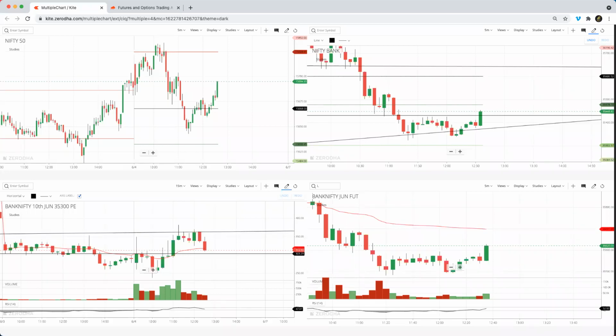So it's about time for us to flip the positions. What I'm checking out now is the first thing that we were tracking, the 35,500 CE.